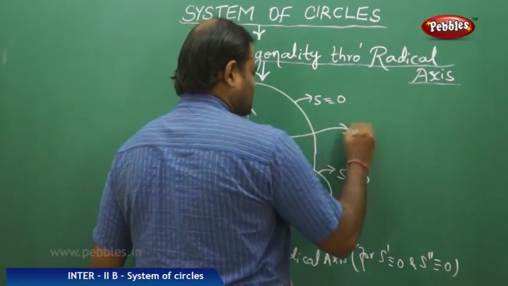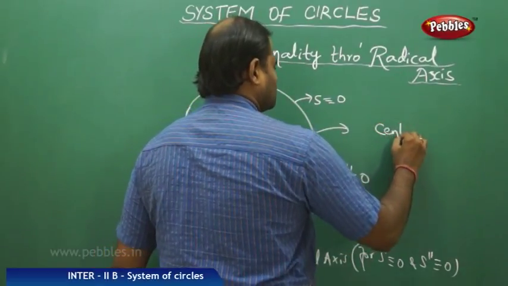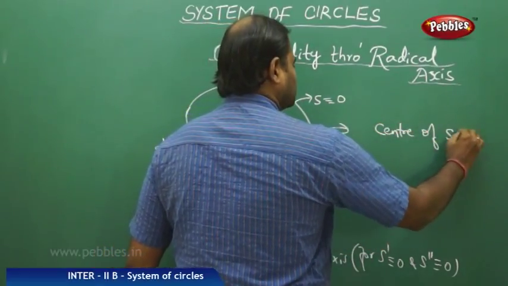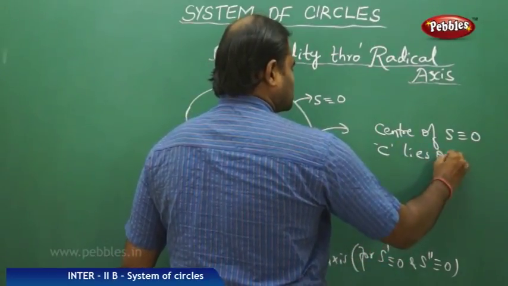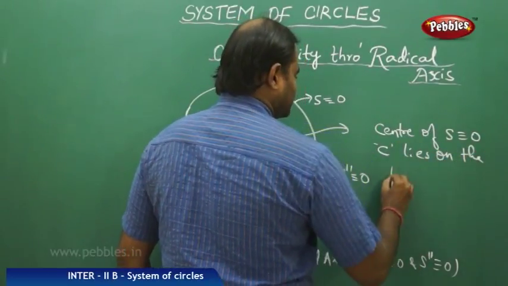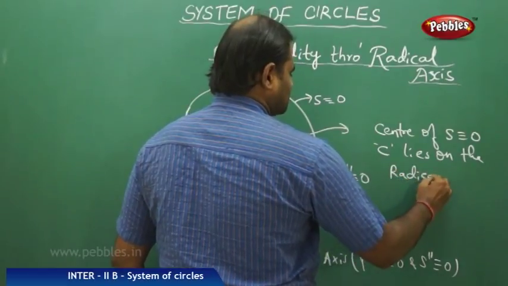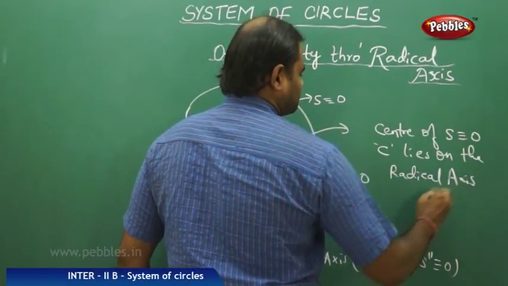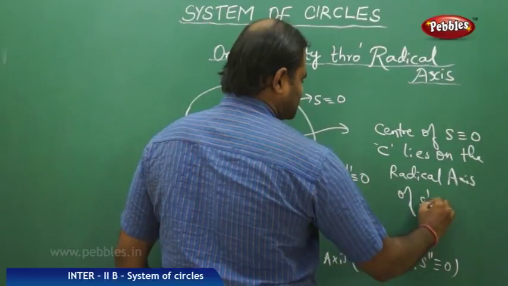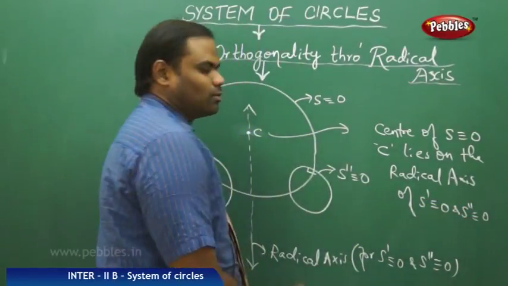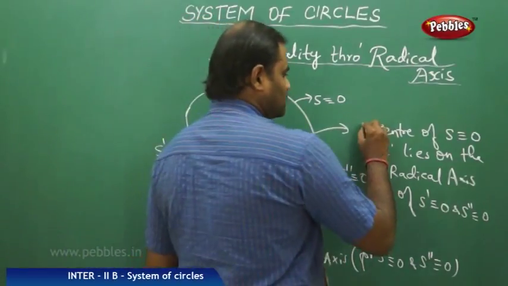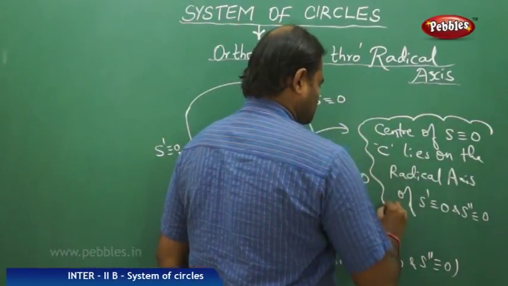So this is the property: the center of the circle S equal to 0, C, lies on the radical axis of S' and S'' equal to 0.